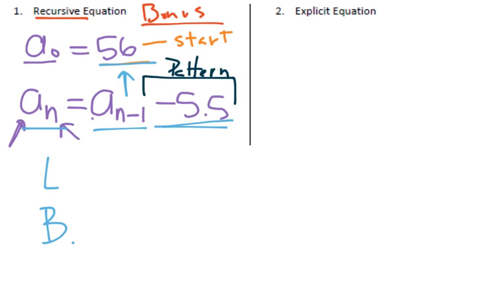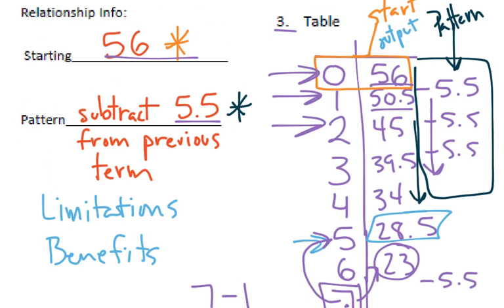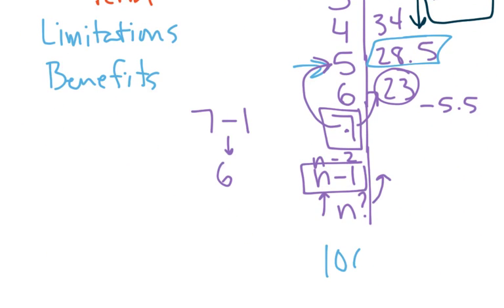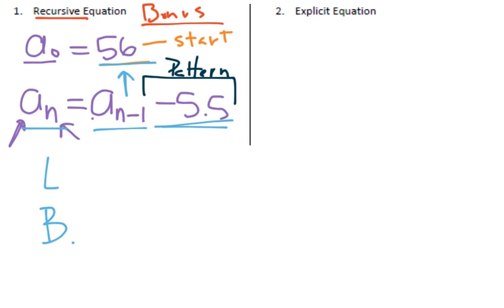So the limitations and benefits are very similar. So the limitations, once again, is if I want to go clear down to the 100th term, okay, that's going to be very difficult because I would have to find the 99th, which means I'd have to find the 98th and the 97th, and so on. So that's a pretty big limitation for the recursive equation. Okay, that you can't really use it in all situations.